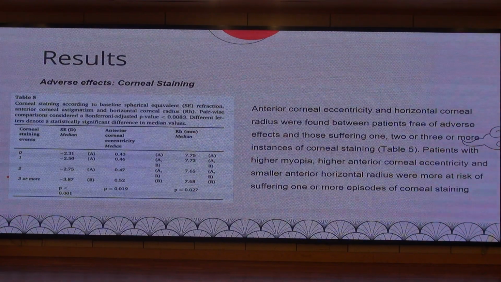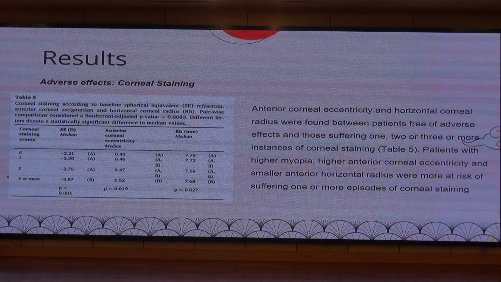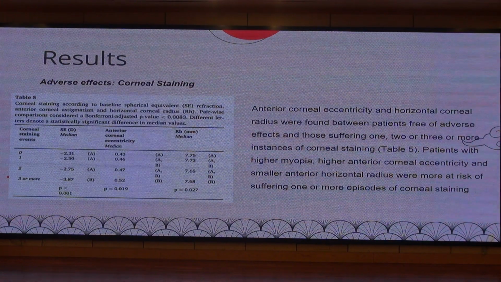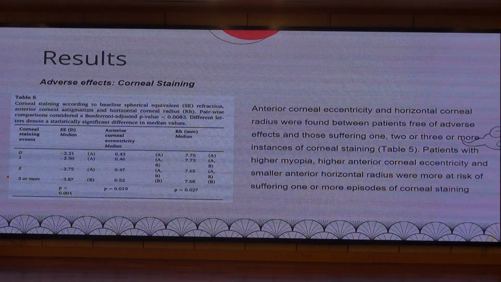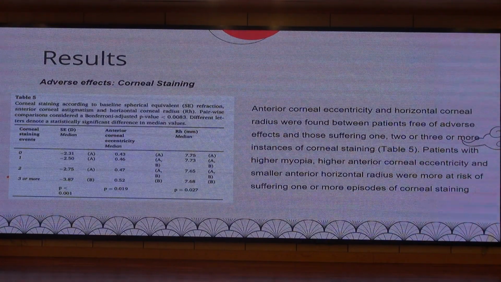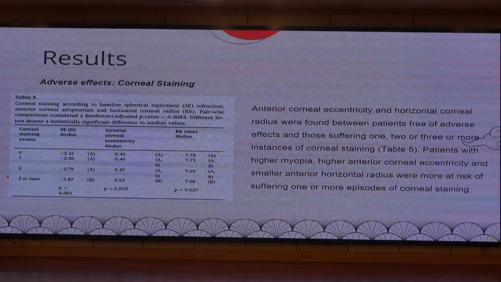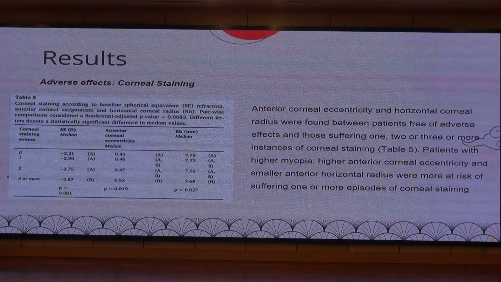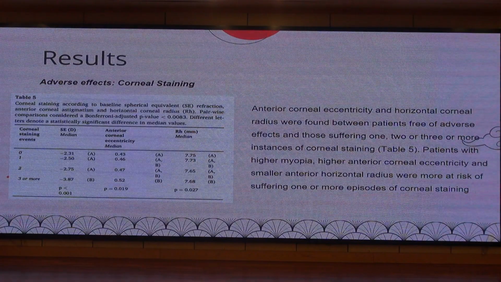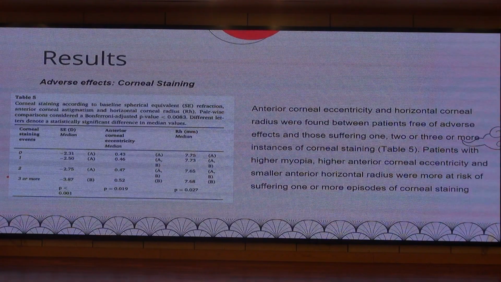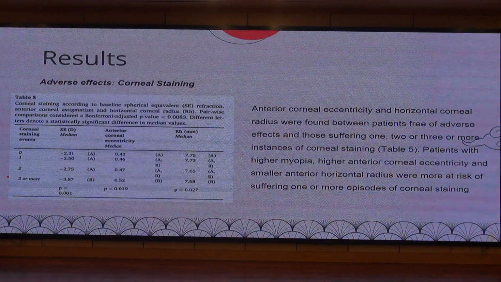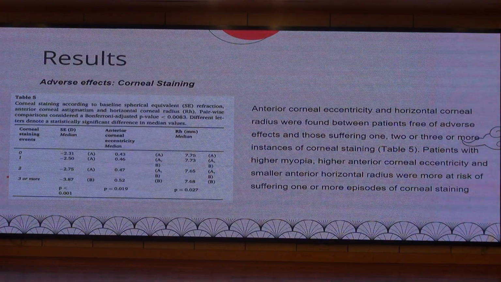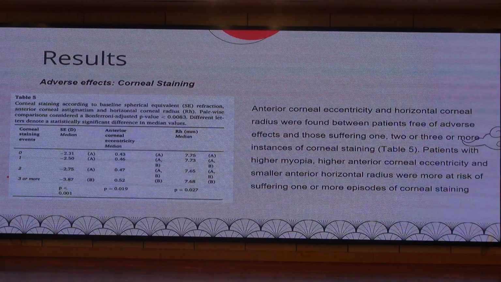The next table is the fifth table of the study. Through the table, we can see that differences in anterior corneal eccentricity and horizontal corneal radius were found between patients free of adverse effects and those suffering 1, 2, or 3 or more instances of corneal staining.